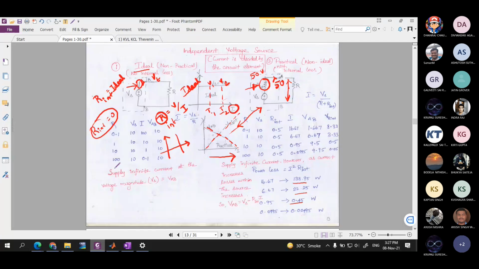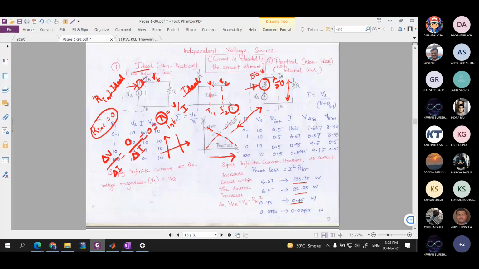You find del V divided by del I. You can see here that the voltage remains constant, so del V will be 0. The current will have some value, but irrespective of that, you are going to have a 0 value. That is your R internal. This is going to give the R internal for this source.